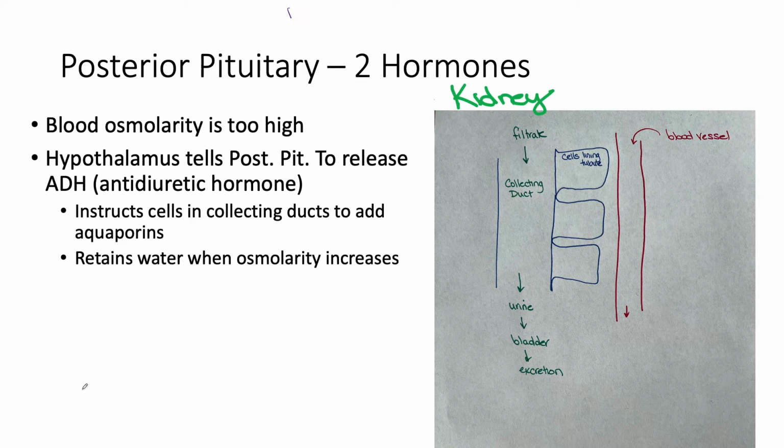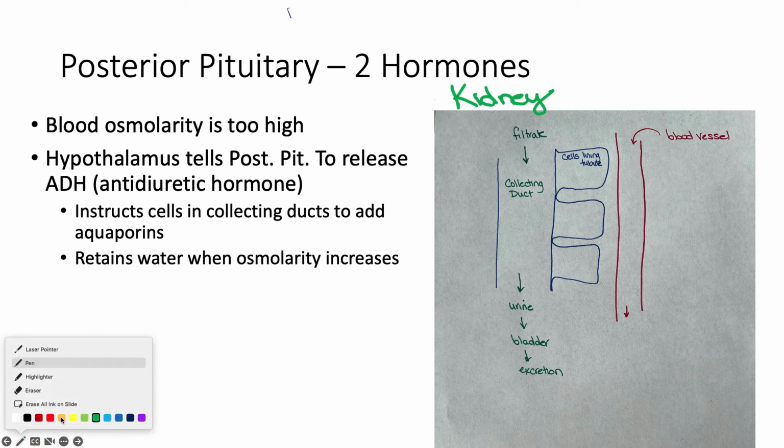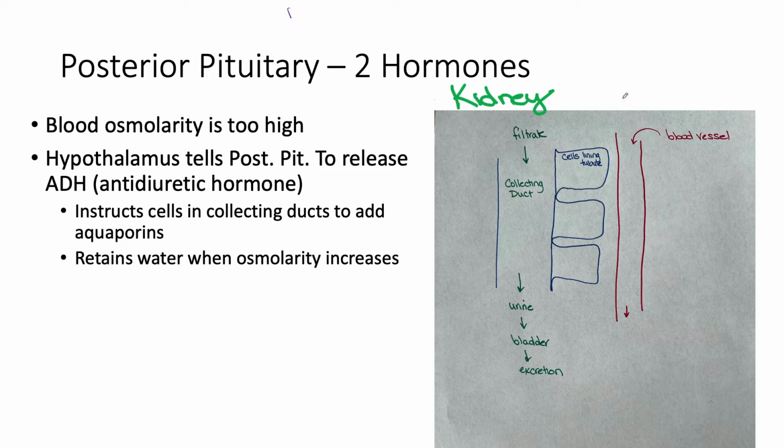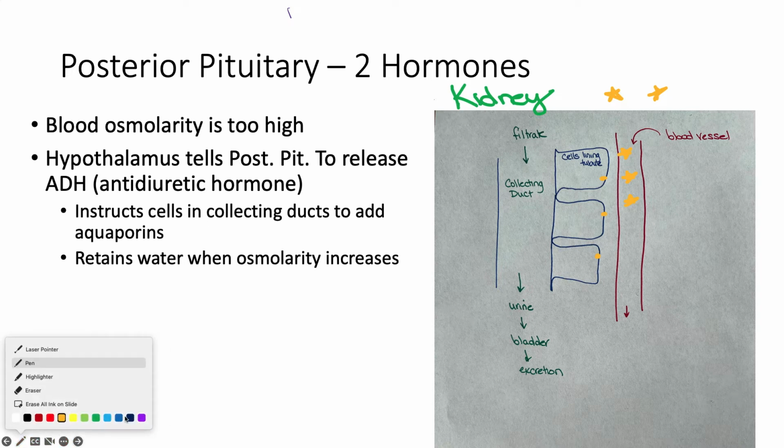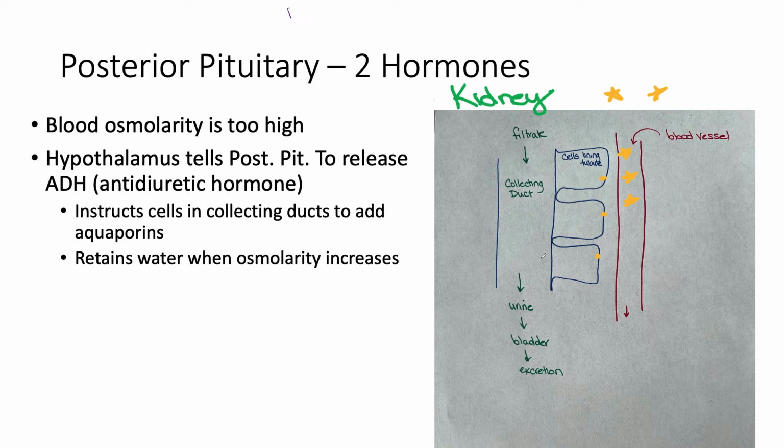So what happens is when antidiuretic hormone is being produced, I'm just going to make ADH be little stars. ADH is released into the bloodstream. ADH binds to receptors on the cells that are lining those kidney tubules, and it causes those kidney tubules to insert aquaporins.